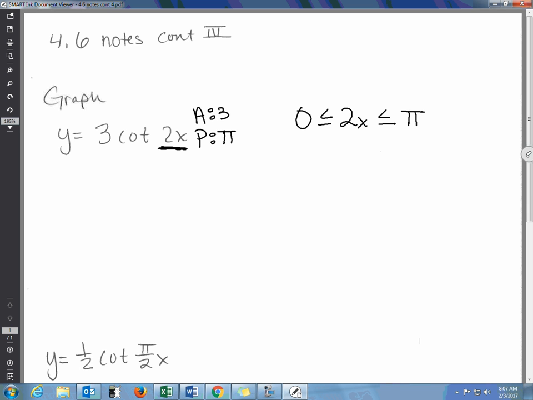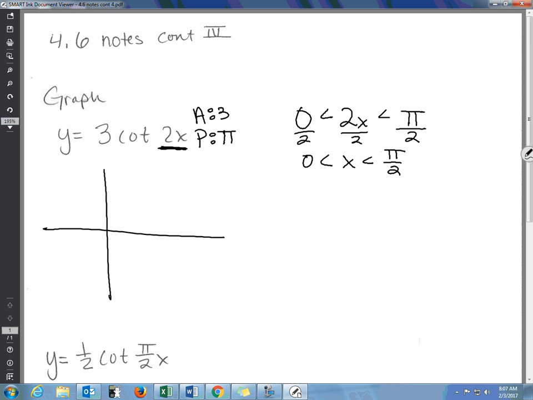Actually, it's not less than or equal to. It's just less than. Okay, so now we solve for x, so we divide everything by 2. So 0 divided by 2 is still 0, is less than x, which is less than pi over 2. So our vertical asymptotes have gotten closer together. So we come to our graph. I'll do the vertical asymptotes in blue.